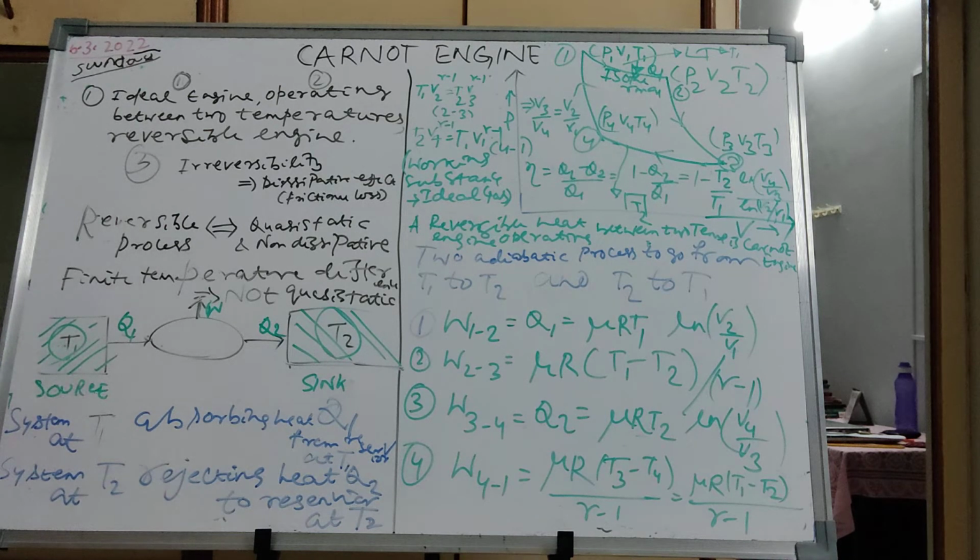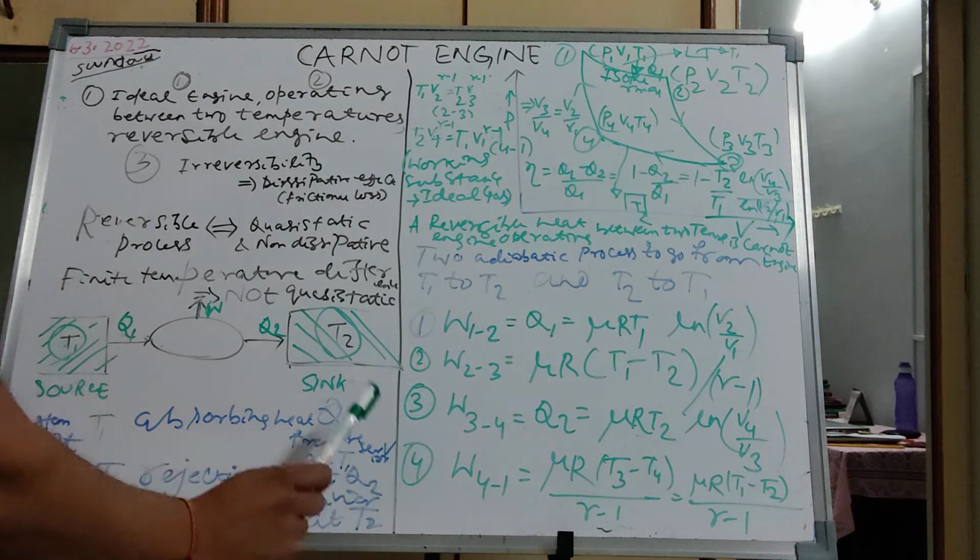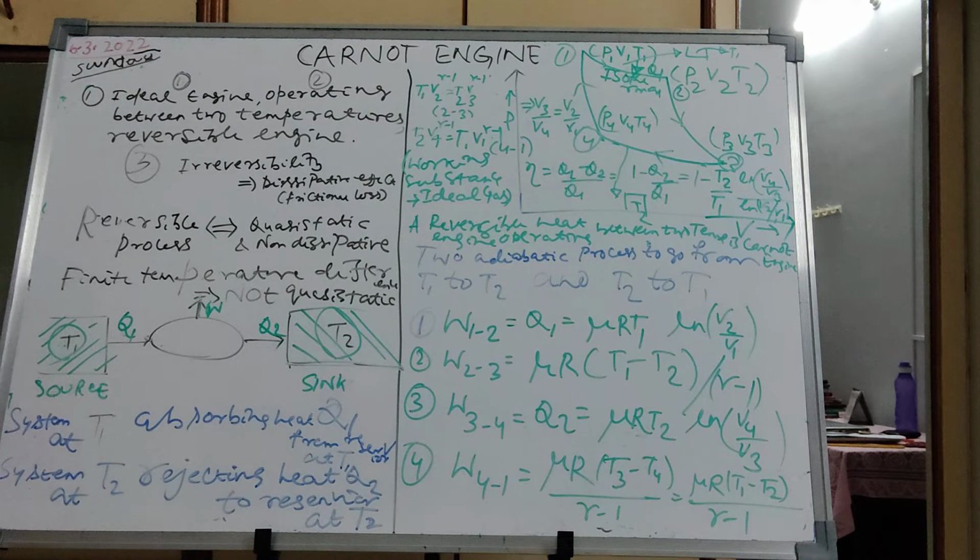Okay, so he said an isothermal process can be something like that, when there is no finite temperature difference between the source and the ideal gas, which is the working substance. So here the system at T1 absorbs heat from the reservoir at T1. The system is nothing but an ideal gas. The ideal gas at temperature T1 absorbs heat Q1 from the reservoir at temperature T1.